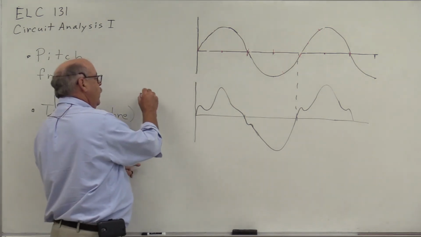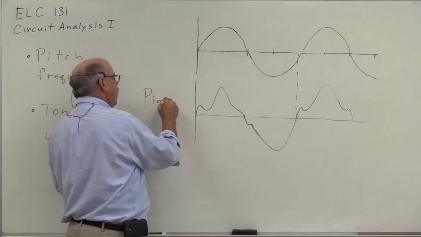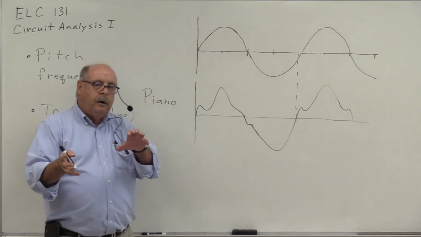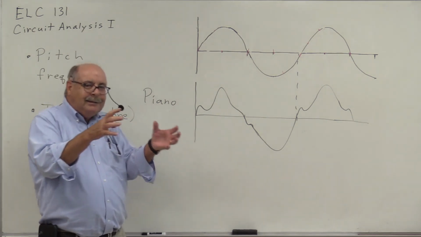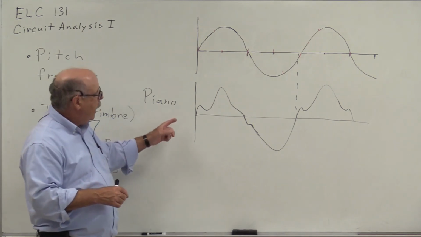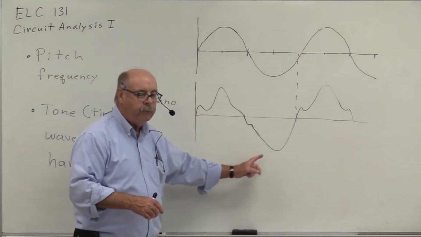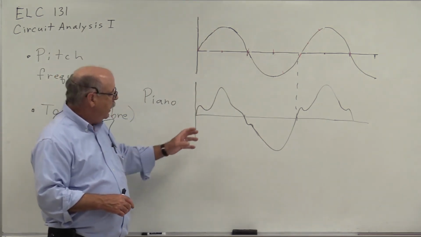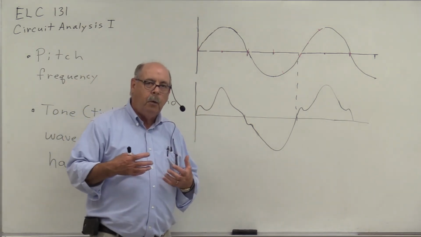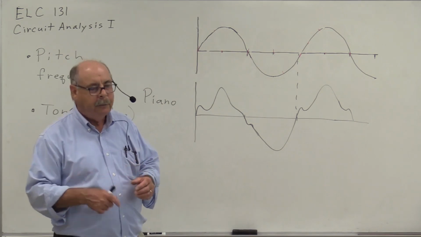Because when you strike a string on a piano, there's all sorts of harmonics created inside the instrument, and those harmonics are added to the fundamental frequency to give that piano its characteristic tonal qualities, its timbre.